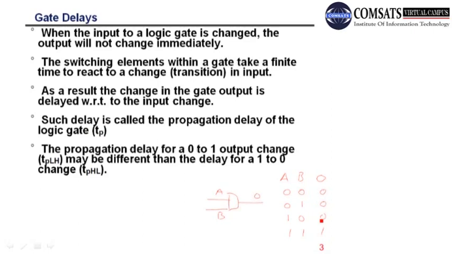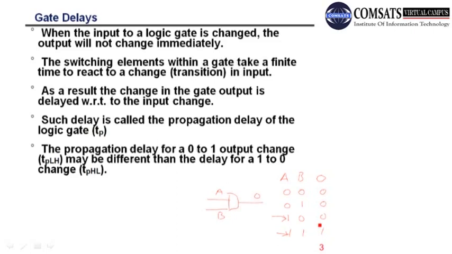It means the output will not change immediately. Let's say we have input 1 0 and we have 0 at the output. Then after that we apply this input, so the output should be 1 immediately, but this will not happen.